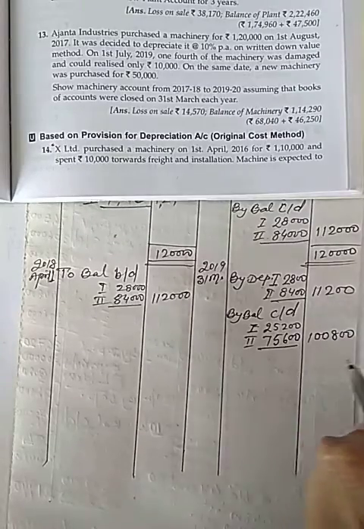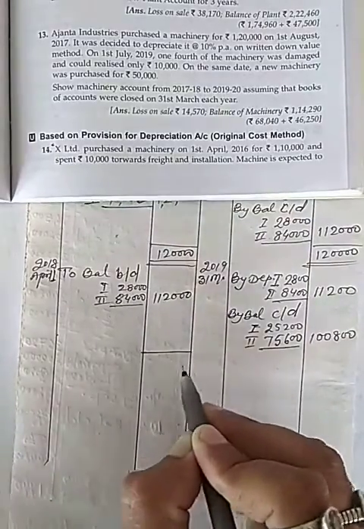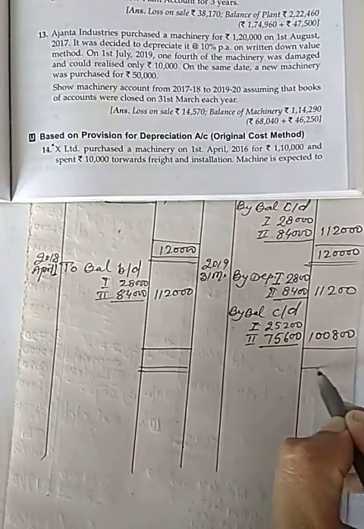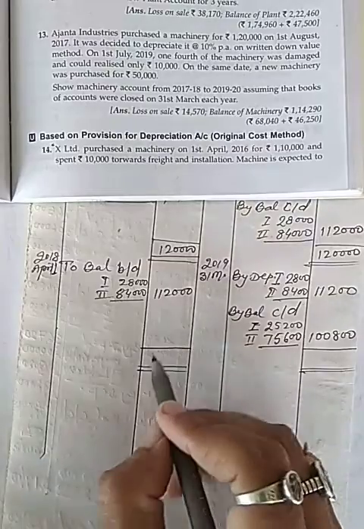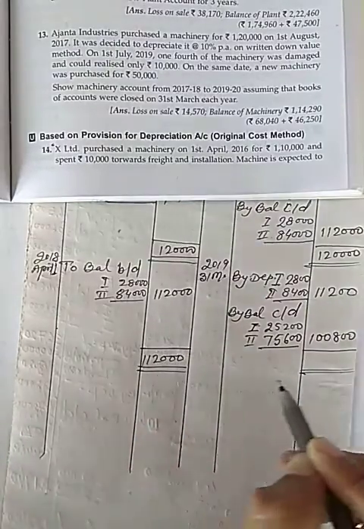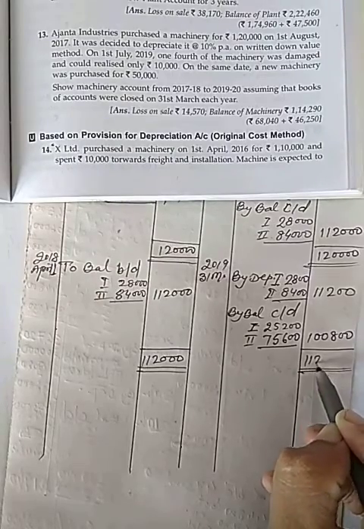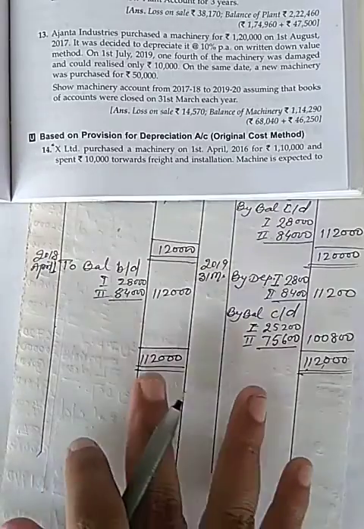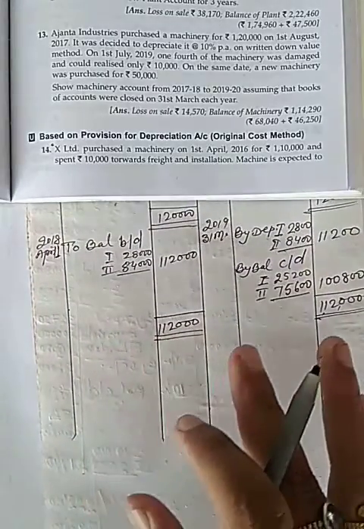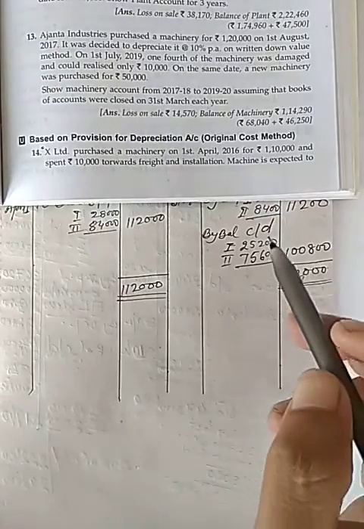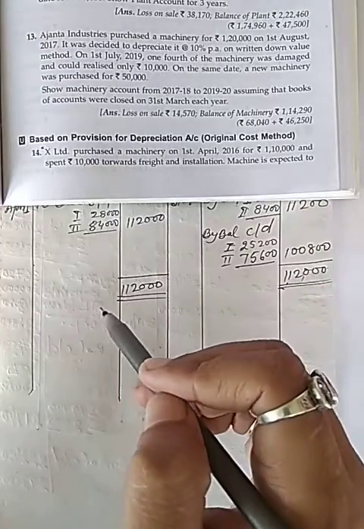And both total will be 1,08,000, and I will add both sides. Now it will be 1,12,000, both sides 1,12,000. Now student, it will be transferred into third year.